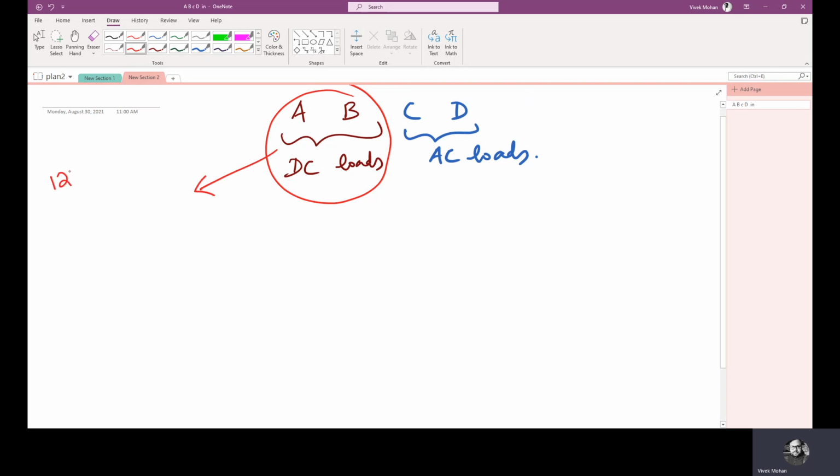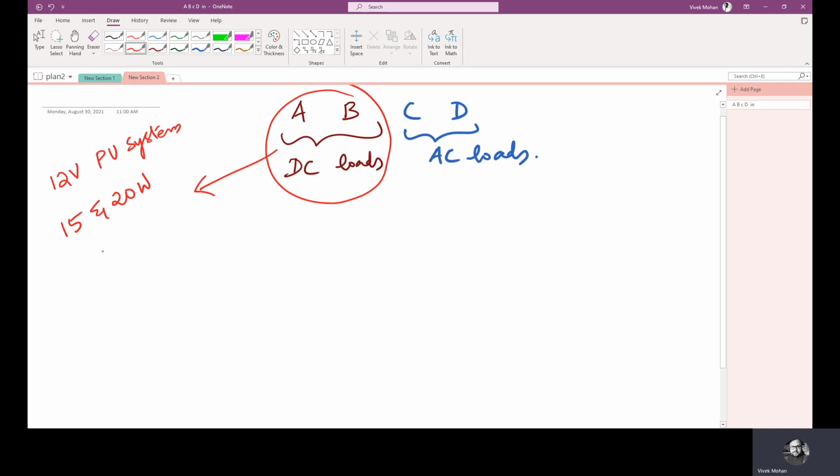A 12 volt PV system has to be designed. It has two DC appliances A and B, and these DC loads are rated at 15 and 20 watts of power.